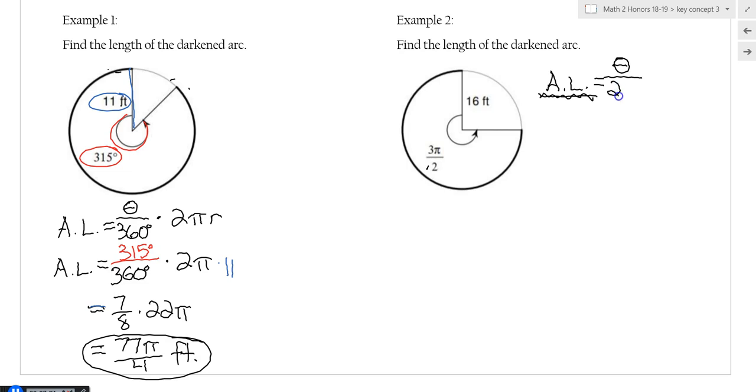Remember, 2 pi radians makes up a circle, times 2 pi r. So my theta is 3 pi over 2, that comes from here, that's my angle, divided by 2 pi.